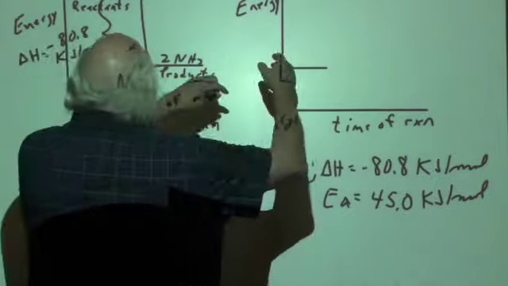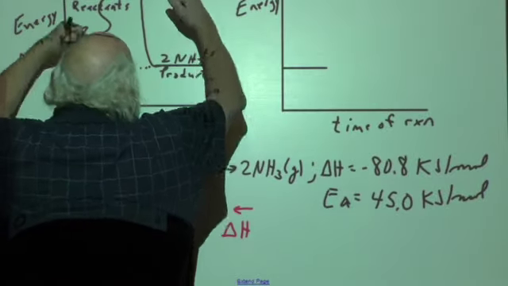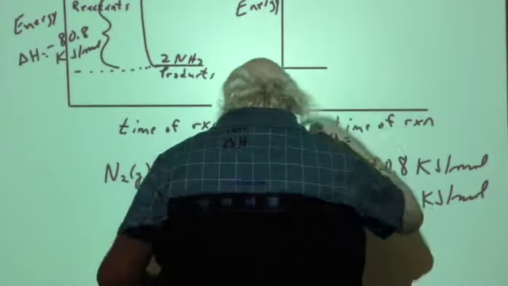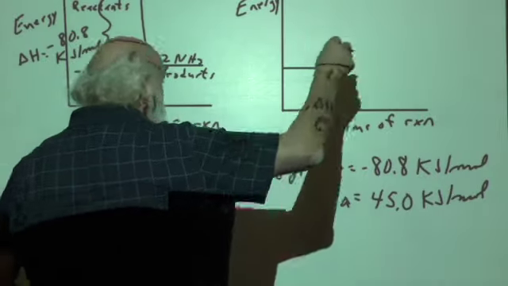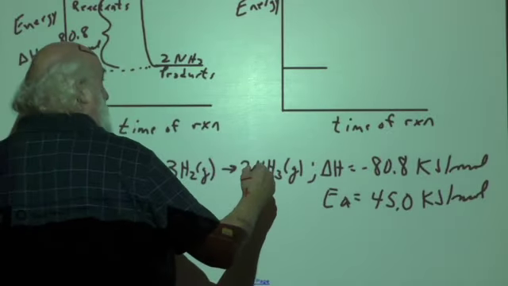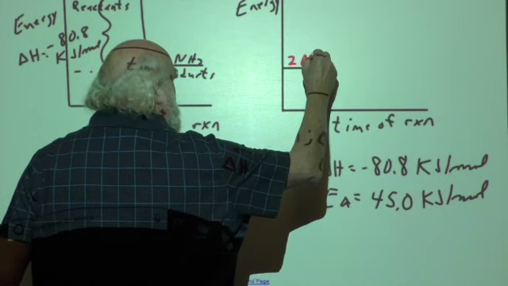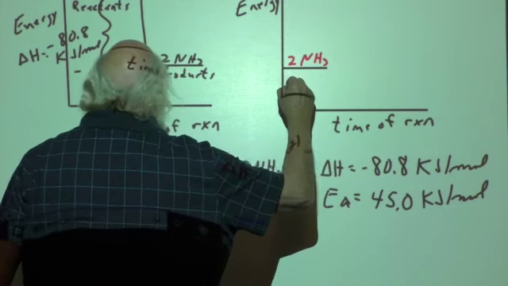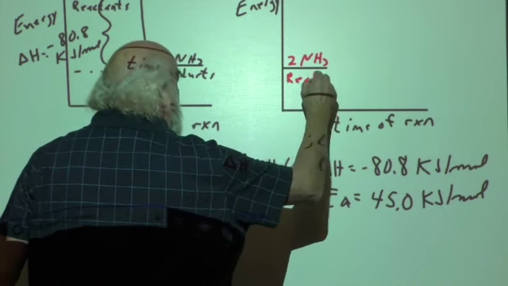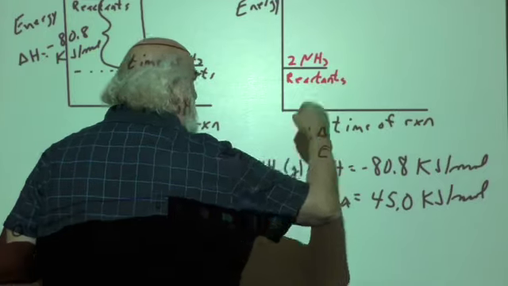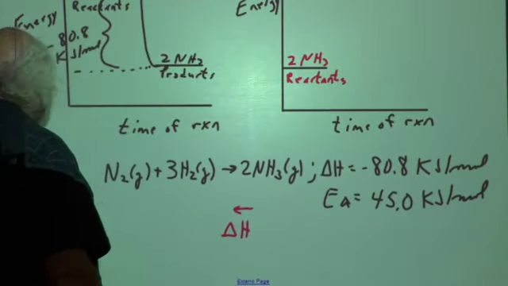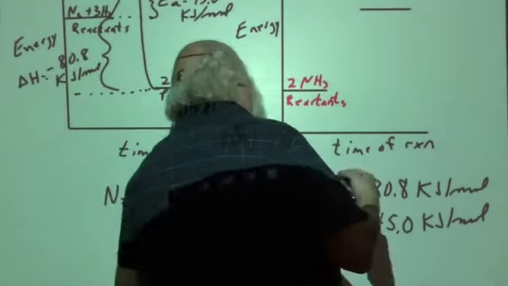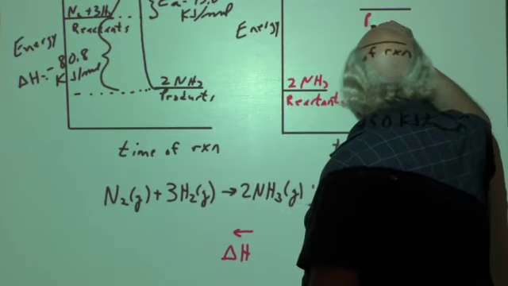In other words, we've taken these two levels and we've done this. So now we got here, and I'm going to do this in red to show the difference. Here are the reactants, which is 2NH3. And the reactants are always first, because that's how you start a reaction. You have something to react with, hence the word reactants. You're going to produce something, and that's your products.